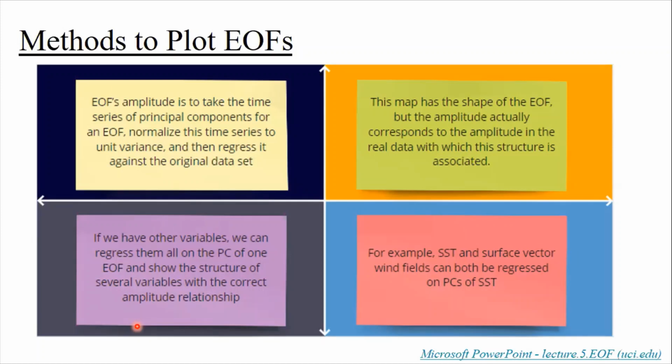Now, this map has the shape of the EOF, but the amplitude actually corresponds to the amplitude in real data with which this structure is associated. If we have another variable for analysis, we can regress it across all the PCs of one EOF and show the structure of several variables with the correct amplitude relationship. For example, we can do the analysis for sea surface temperature and surface vector wind fields, and both can be regressed with the PC of sea surface temperature.